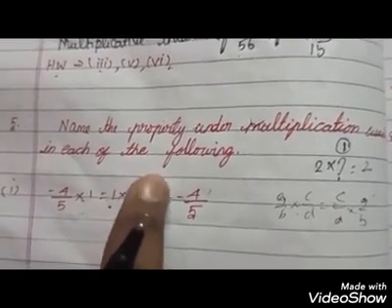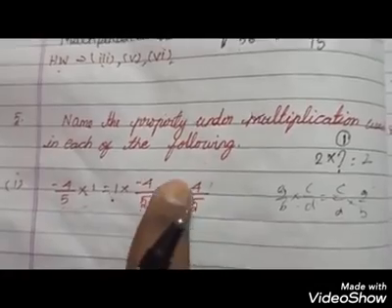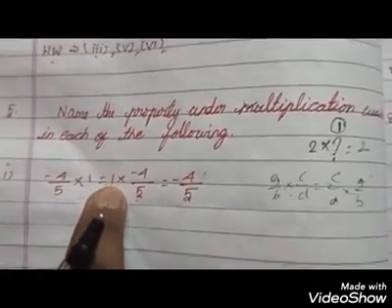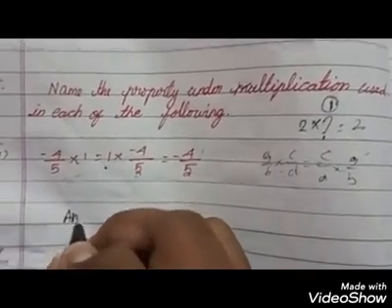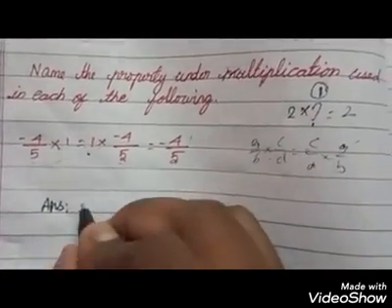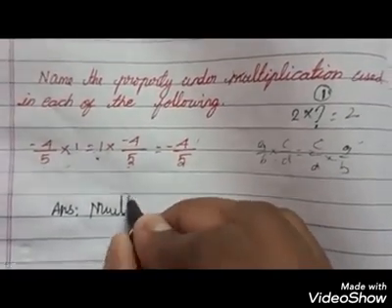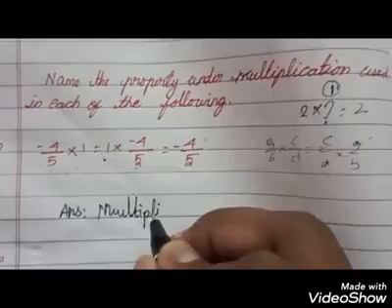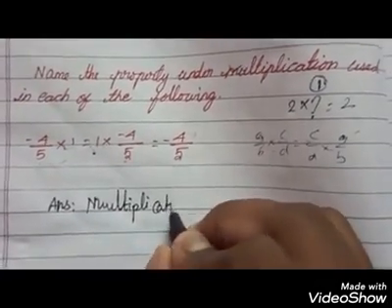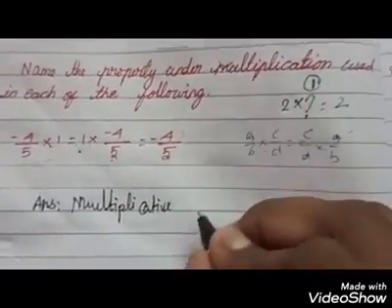Otherwise 1 into minus 4 by 5, you get the same answer, minus 4 by 5. So here this 1 is the multiplicative identity. So directly you write the answer. So it should be multiplicative identity.